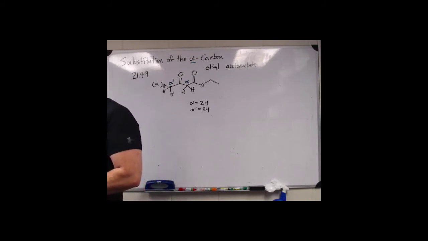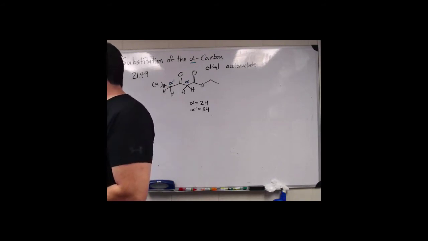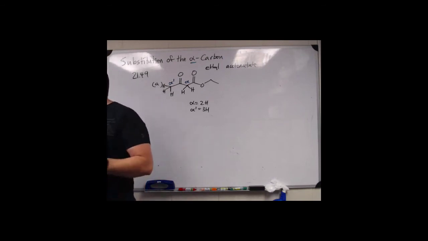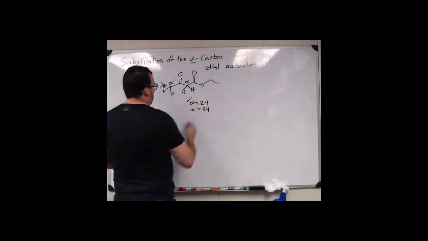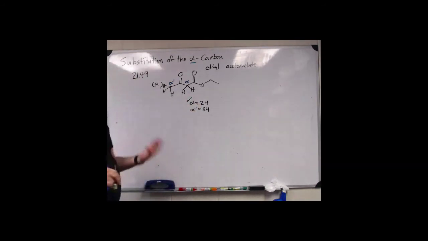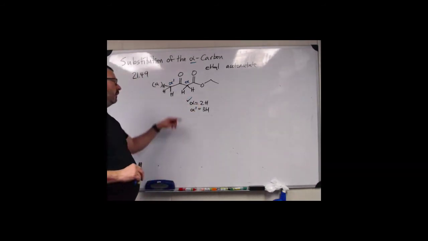So quite a few of you are typing alpha. So can you briefly explain why that is? Why is alpha more acidic than alpha prime?